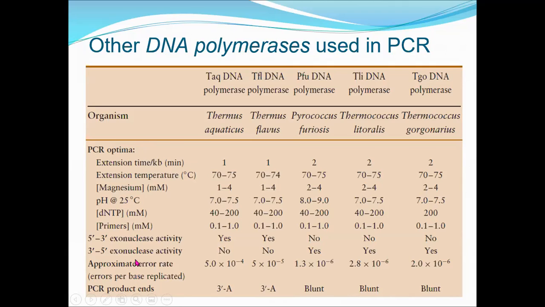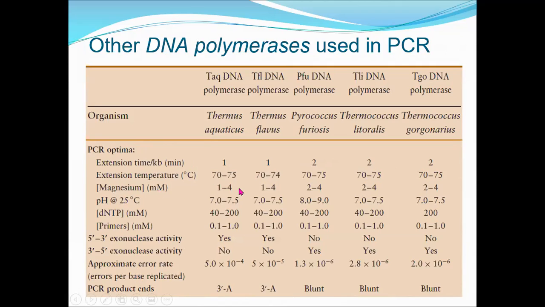If you see the different conditions, the PCR optima, extension time per kilobase means every minute it adds around 1 kb, 1 kb, then 2 kb, which means it is more efficient, 2 kb and 2 kb. Then extension temperature is more or less the same for all of them.